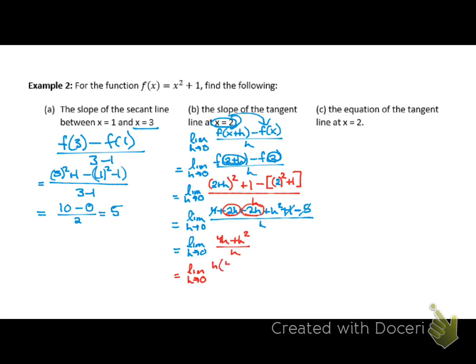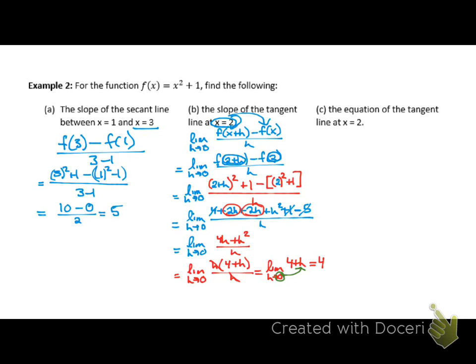So that's h times 4 plus h over h. Remember, if you take it out, it goes down by 1. Well, hey, look, now those h's cancel. So I have the limit as h approaches 0 of 4 plus h. Now I'm going to take the limit. Now I'm going to plug 0 in for h, which just gives me 4, right? Because 4 plus 0 is 4.